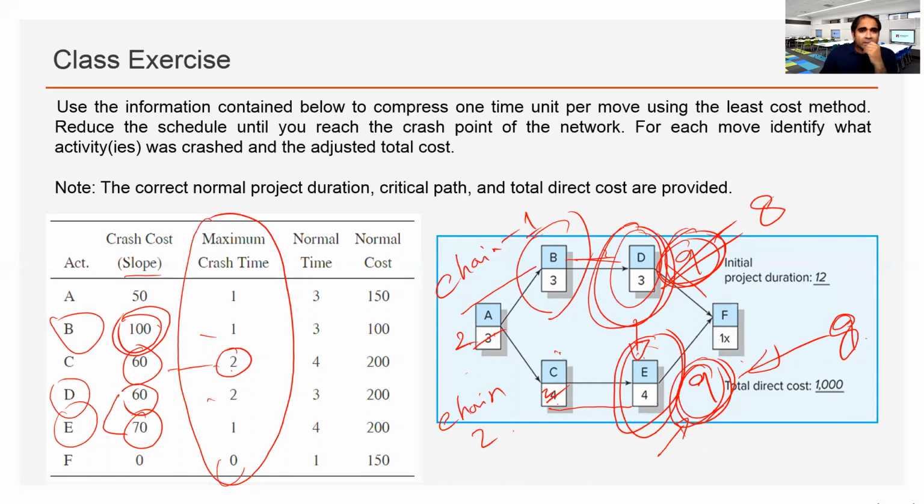But at the end, we can keep crashing the time until the maximum allowed. That's right. We can keep crashing until maximum, but at the end, when you plot the graph of indirect cost, direct cost, and total cost, then we'll be able to tell exactly this is the optimum point, and this is the lowest point.